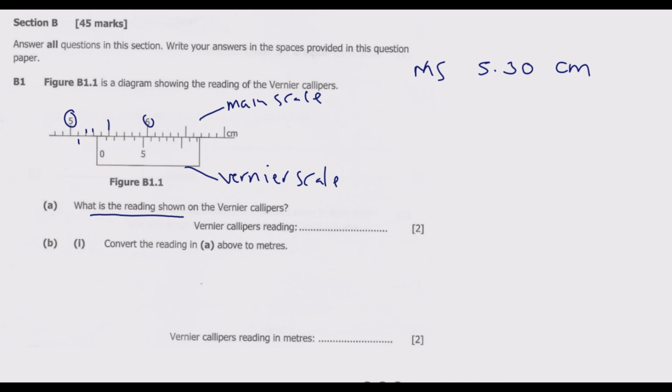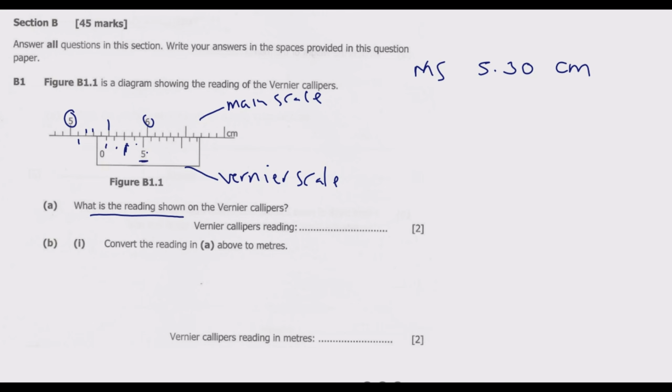Then we go to the Vernier scale. When you are reading the Vernier scale, you need to look for the point where the line on the main scale and the mark on the Vernier scale are in a straight line. What you notice here is at this point they are in a straight line, and the subunits on the Vernier scale are also 1, 2, 3, 4, 5.